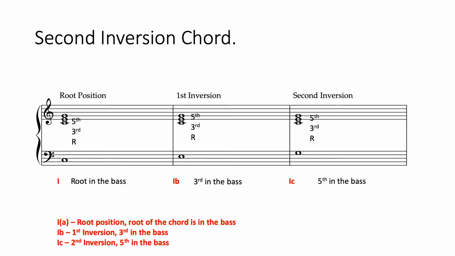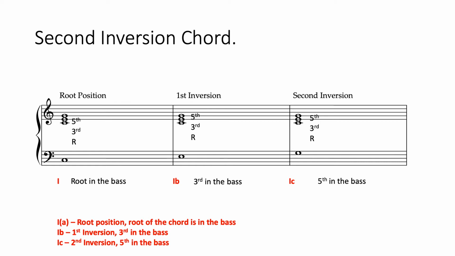In the second bar, we've got a C major chord in first inversion because the E, the third in the chord, the middle note in the close position triad, is in the bass. In the final bar, we've got a second inversion chord because the fifth, the G, the top note in that close position triad, is in the bass.